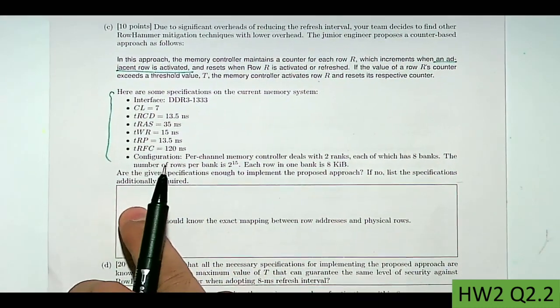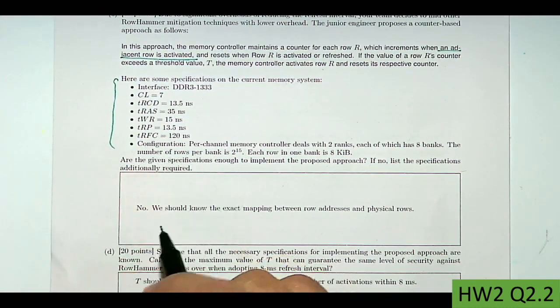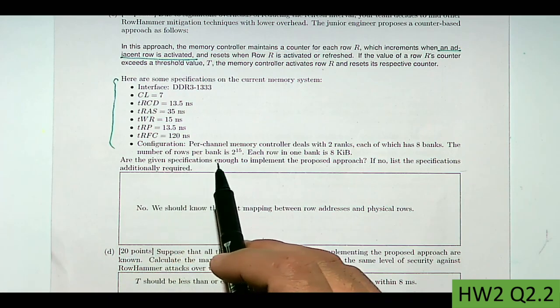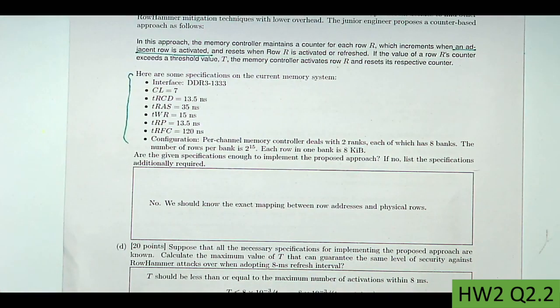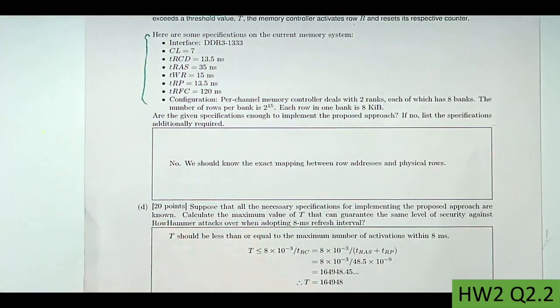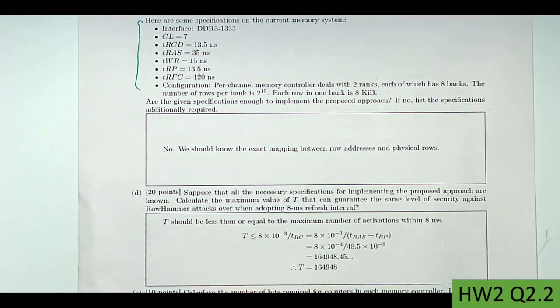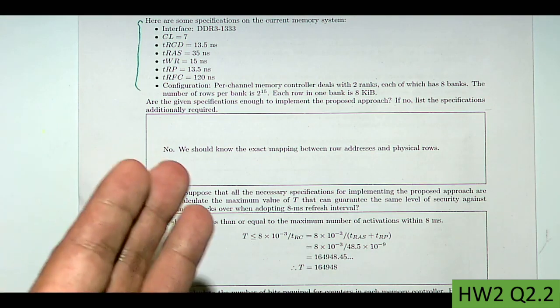And the question is asking, are the given specifications enough to implement the proposed approach? I think it is quite an open question, but this question is asking about the essential information to implement this technique.